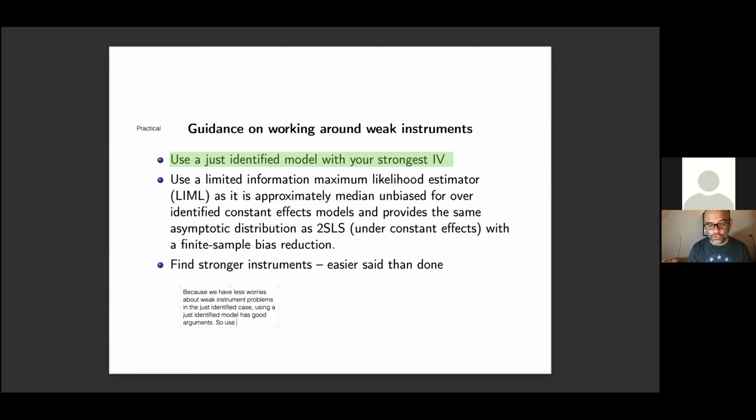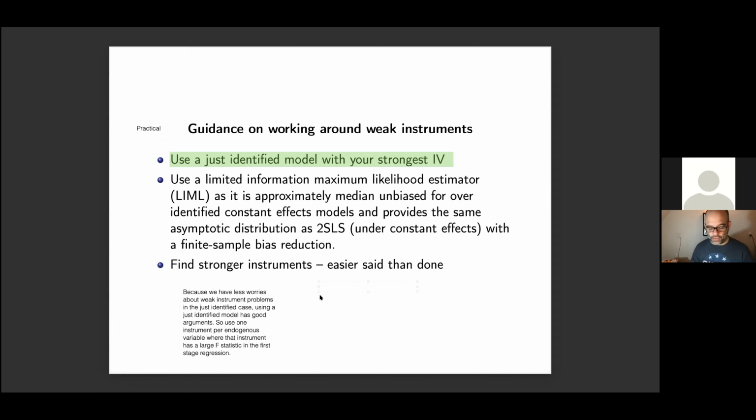So use one instrument per endogenous variable where that instrument has a large F statistic in the first stage regression. Okay, so that's the first thing. Use a just identified model with your strongest.